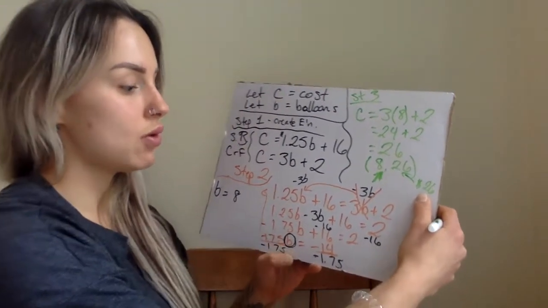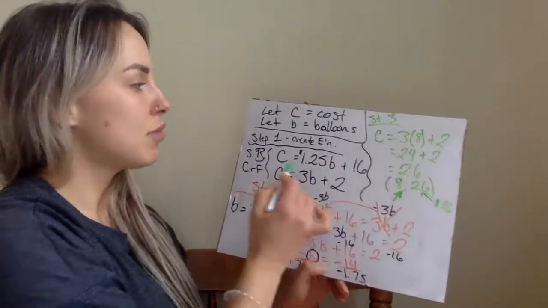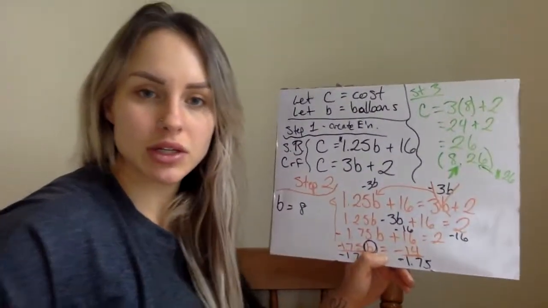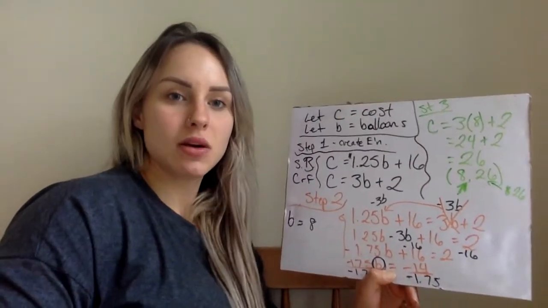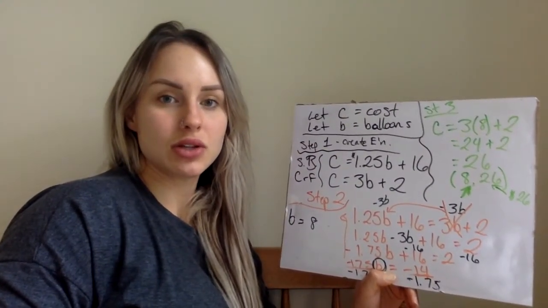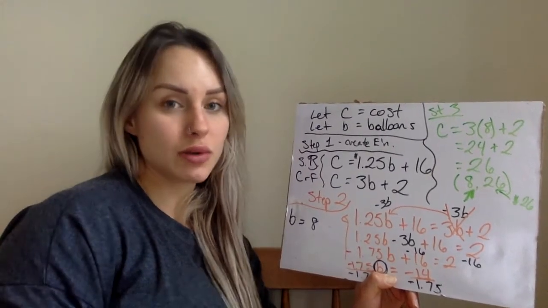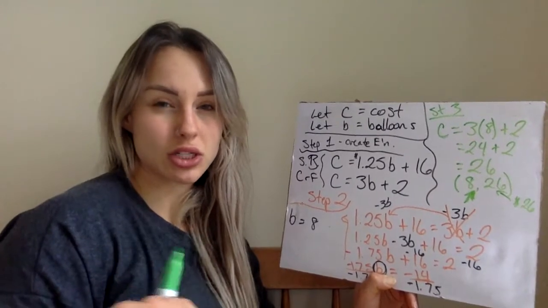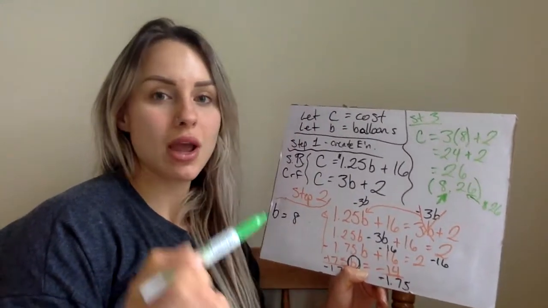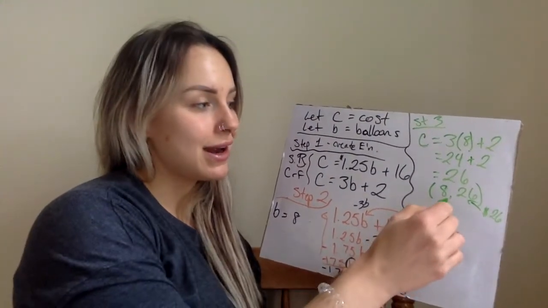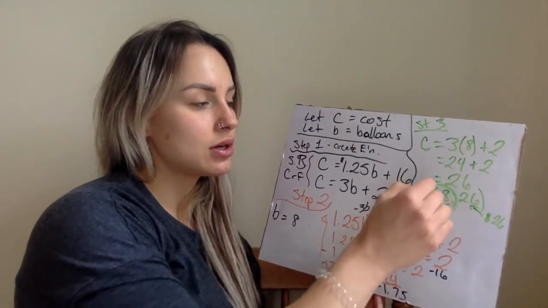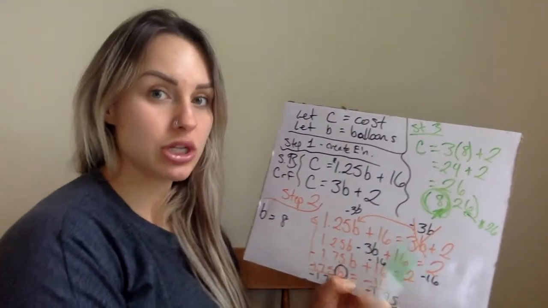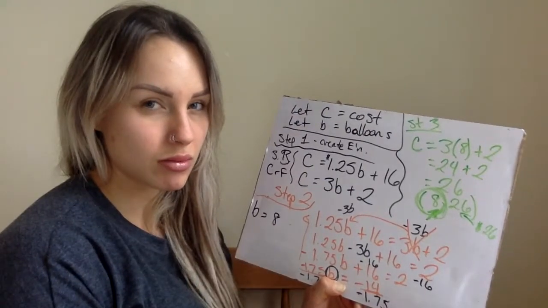Okay, so we're going to go back to over here, I guess our equation. So Clowns Are Fun is charging $1.25 per balloon and $16 delivery. So the delivery doesn't change. So if she's going to be ordering more than 8 balloons, she wants to go with the cheaper option per balloon.